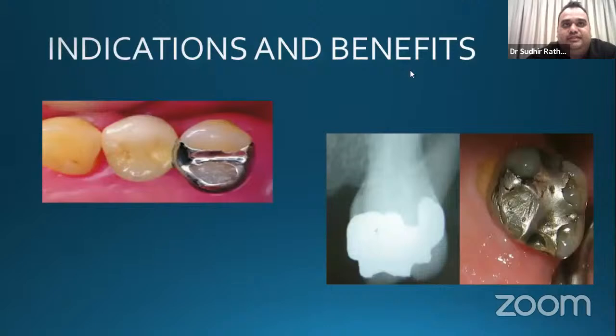During that period, there was a need for a restorative material that was rather biostable. One of the characteristics of dental amalgam fillings was that they could effectively restore large carious lesions and largely fractured teeth, as we can see in the photos on the next slide. That was perceived as one of the indications and benefits of dental amalgam as a filling restoration.